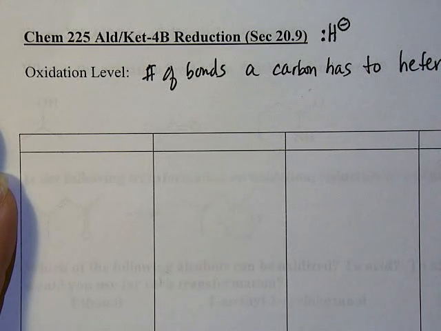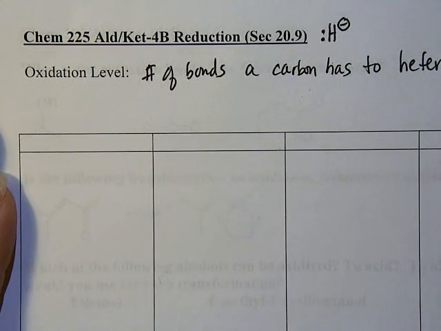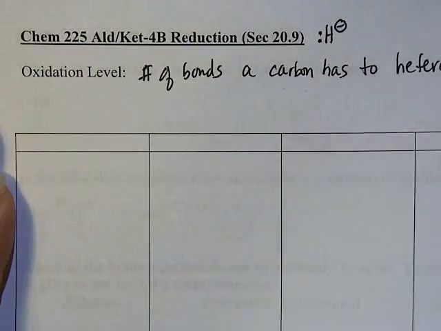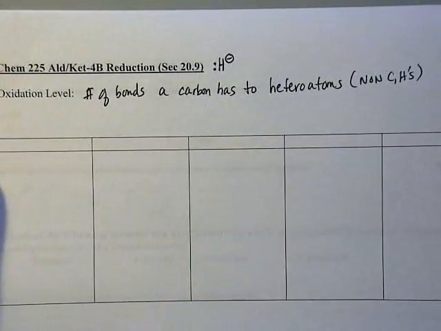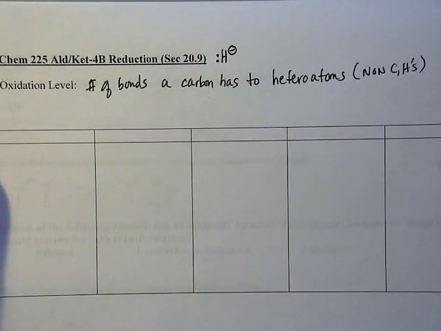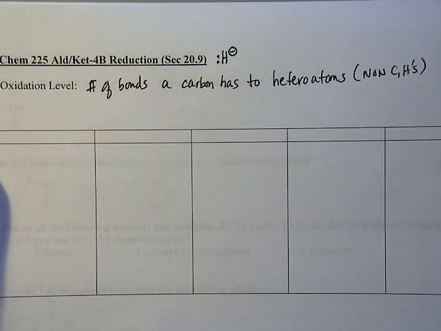And what are heteroatoms? I'm going to define them as non-carbons and hydrogens. Sorry, I need to look at the screen more so you can see everything that I'm writing. So, number of bonds a carbon has to heteroatoms, which are non-carbons and hydrogens.